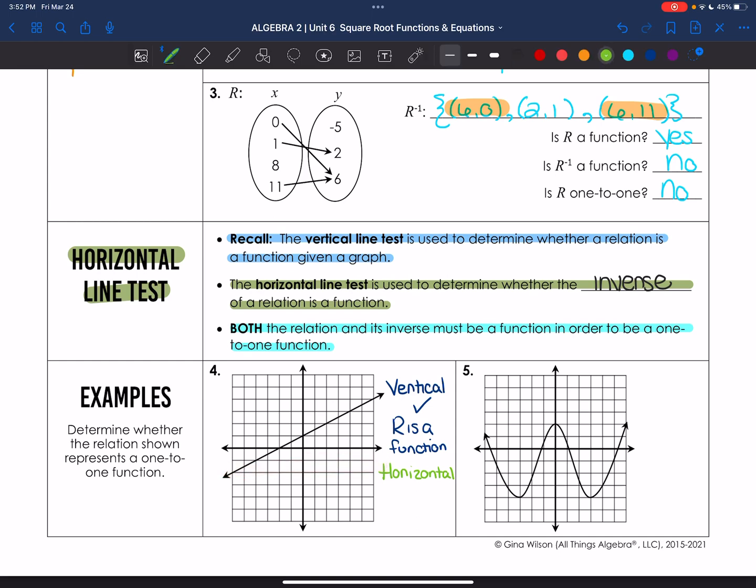Only one. So that means that the R inverse is a function. Because both the vertical line test and the horizontal line test worked, this, ladies and gentlemen, is a one-to-one relationship.